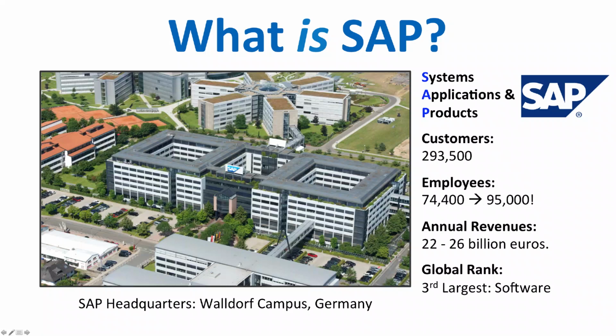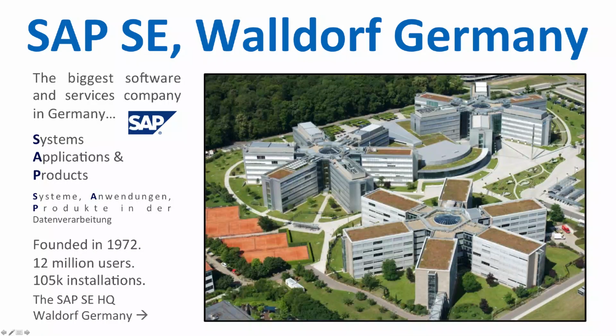They now employ 95,000 people, which has risen from about 75,000 over only a few years. So they're massively expanding. Their annual revenues have reached 26 billion euros, and about 25% of that is operating profit. They're the third largest software company in the world.